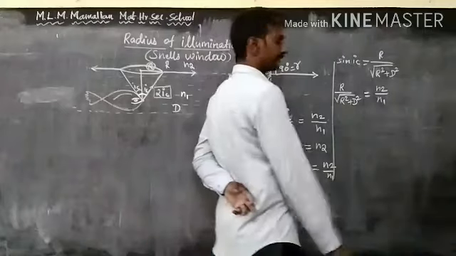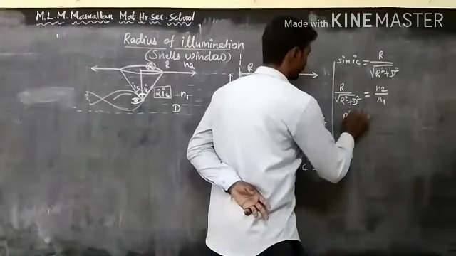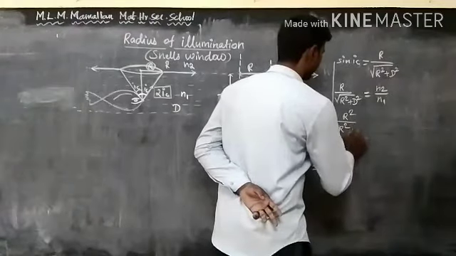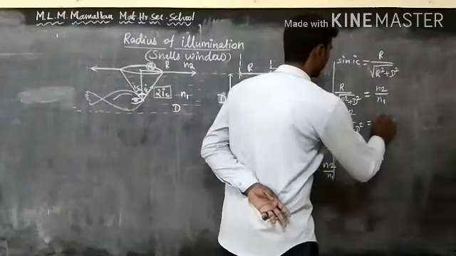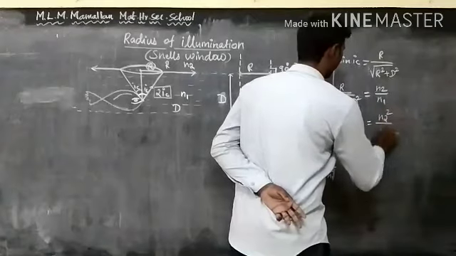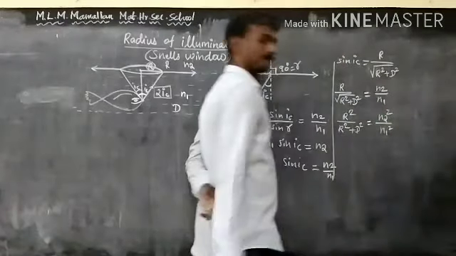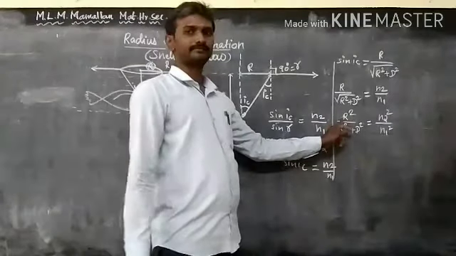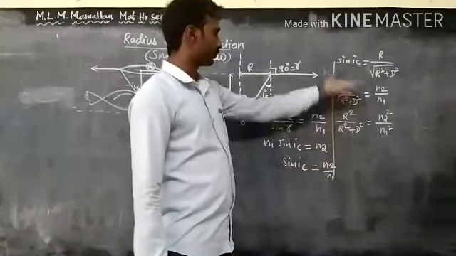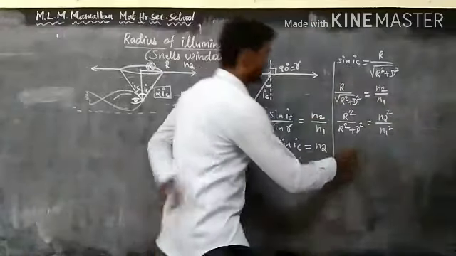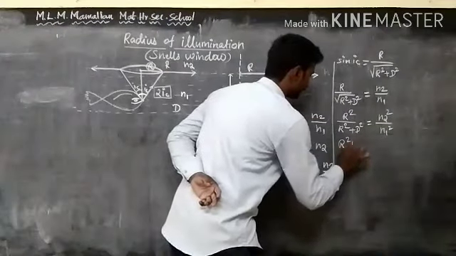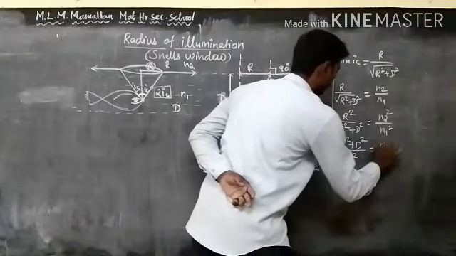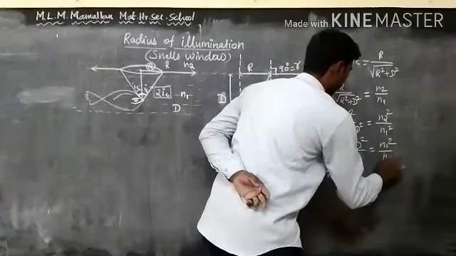Squaring on both sides, we get R square divided by R square plus D square equal to N2 square divided by N1 square. Our aim is to find the radius R. So taking the reciprocal on both sides, we get R square plus D square divided by R square equal to N1 square by N2 square.